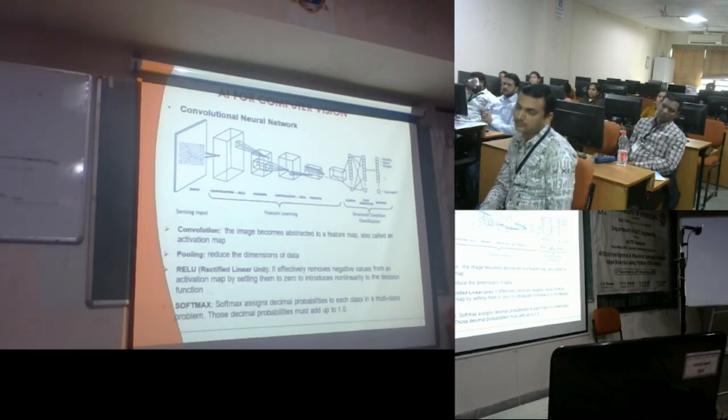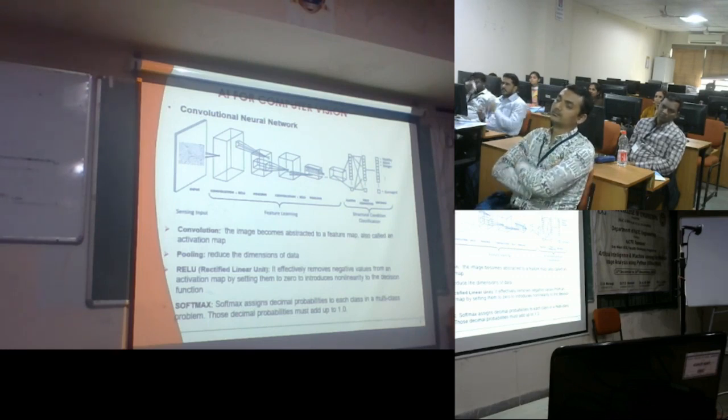Okay, then the softmax layer is the output layer, and it can assign the probabilities.